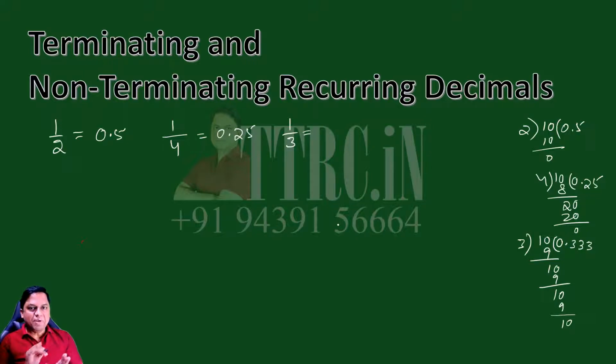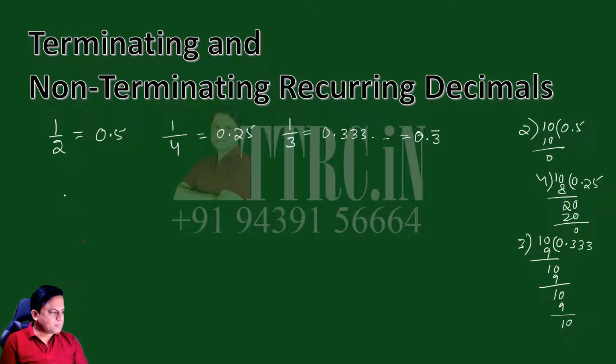There may be an infinite number of digits after the decimal point, but they are all 3. So we can write it as 0.3 bar, meaning this 3 is repeating here. This is called a non-terminating recurring decimal. Clear?